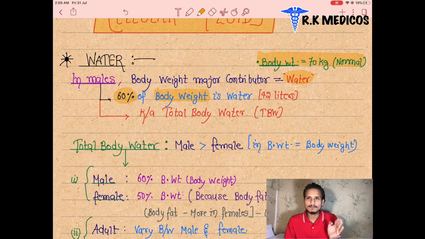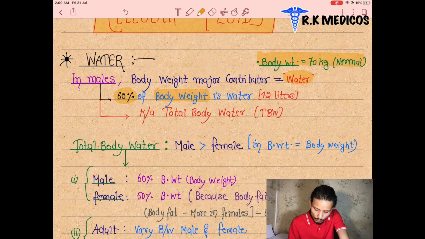It means 60% of the body weight is equal to the body water. What is the total body water inside your body? That is 42 liters of water present inside your body. And what is the water present inside our body called? That is called total body water.